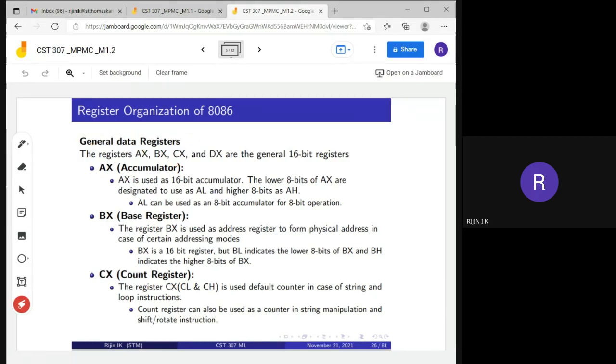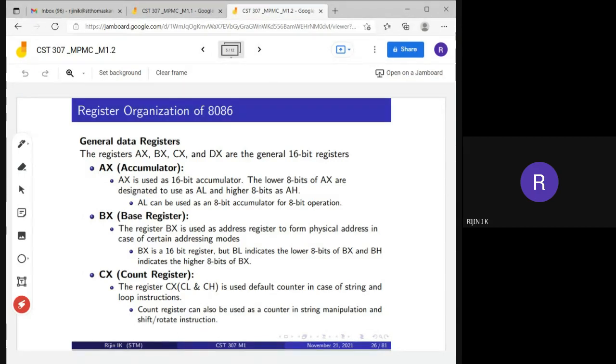These general data registers are 16-bit registers: AX, BX, CX, and DX. First one is AX. Here the AX register we call the accumulator.